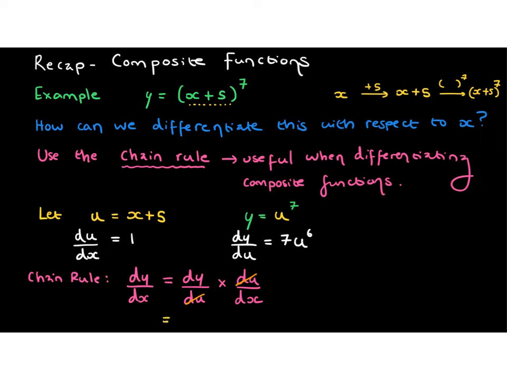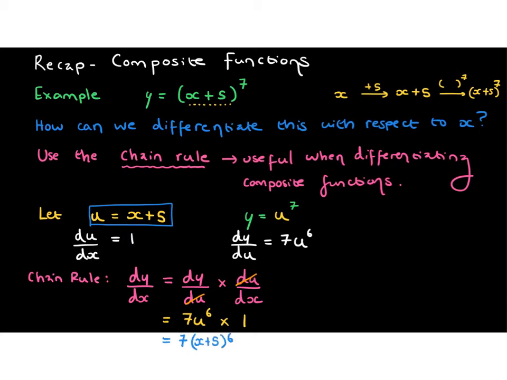So what do we know? Well, we know that dy/du is 7u^6, and we know that du/dx is just 1. So the answer is 7u^6. But remember, u is the same as x + 5. So really, we need to rewrite this as 7, and instead of u, (x + 5) all to the power of 6.